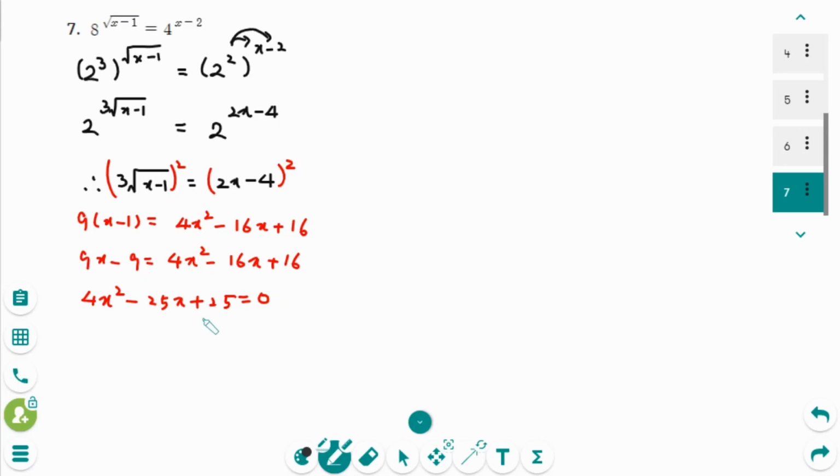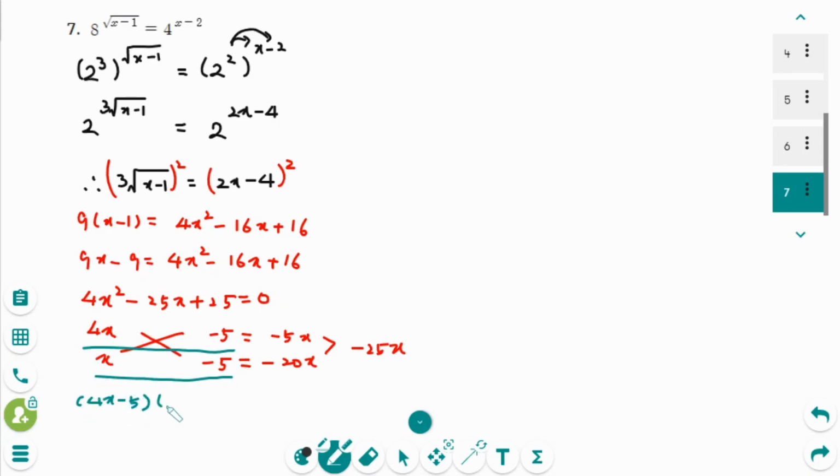Use the cross method. So 4x times x, minus 5 times minus 5. So this one makes minus 20x. This one makes minus 5x. Combine together, minus 25x. So we can factor 4x minus 5 times x minus 5 equals 0. So x equals 5 over 4 and 5.